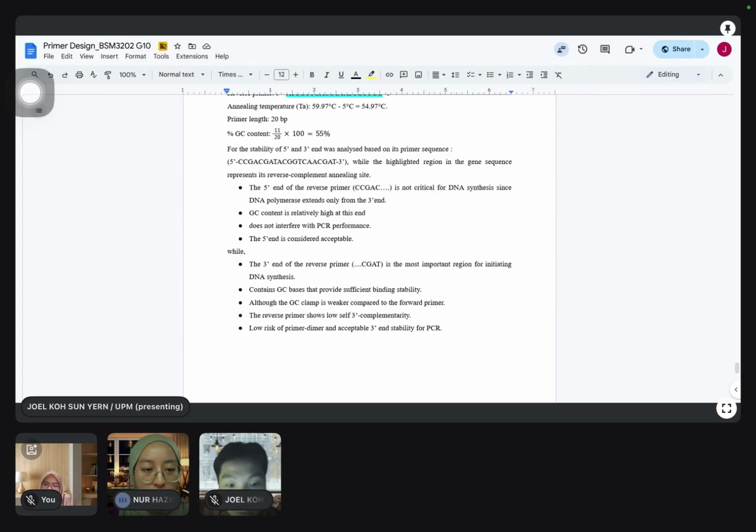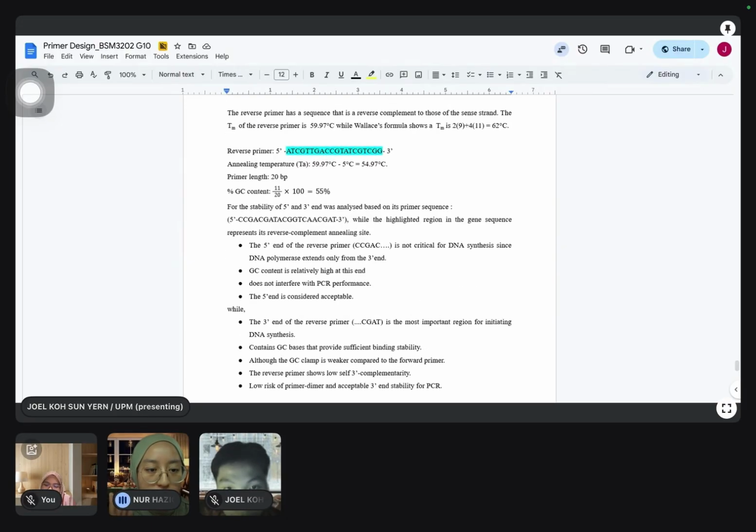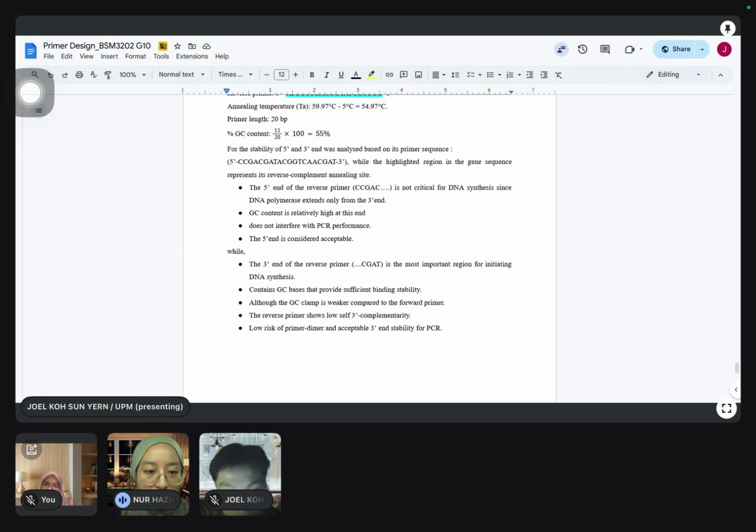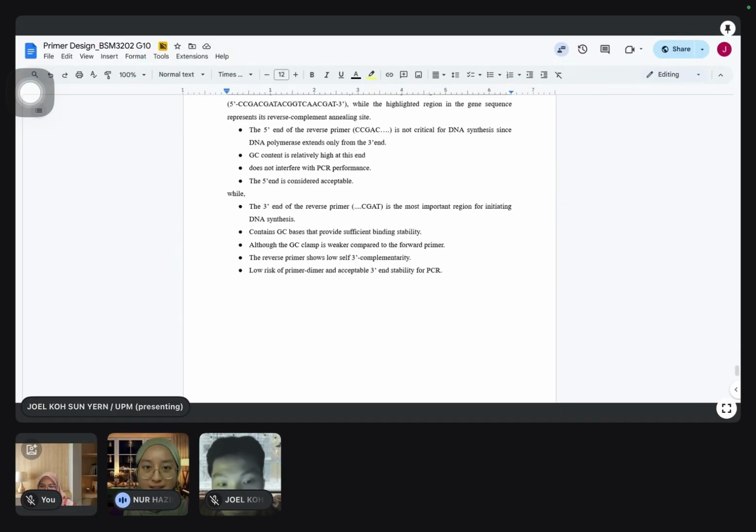At that region, it contains GC bases that provide sufficient binding stability. Although the GC clamp is weaker compared to the forward primer, the reverse primer shows low self 3' complementarity, so it has low risk of primer dimer and is acceptable at the 3' end. So same as the forward primer, the reverse primer is also acceptable at both the 5' end and 3' end.